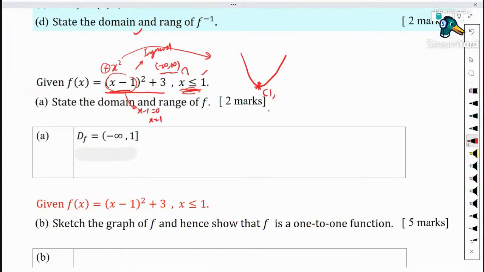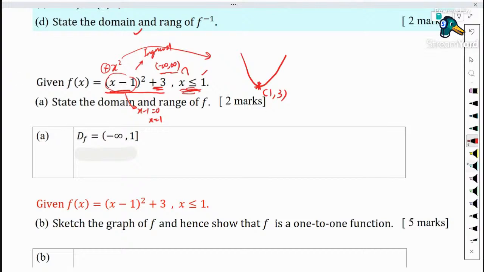This is the x coordinate. The y coordinate is just the constant, 3. Now this is the shape of the graph and also the special point that I require for further determinations. So this is the full shape of the graph.